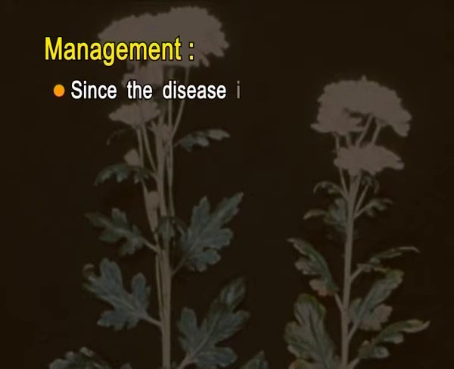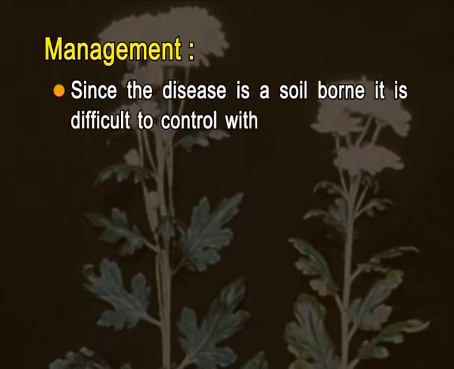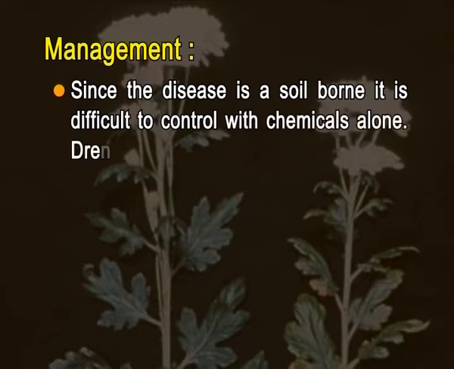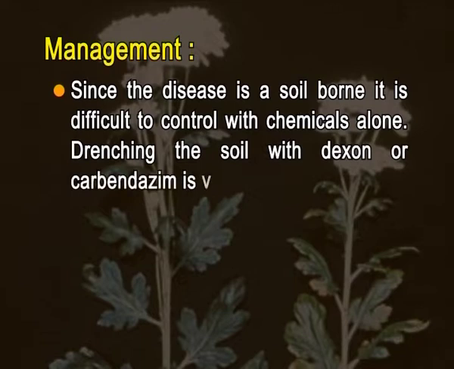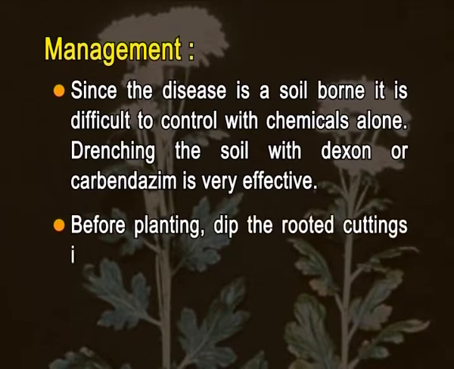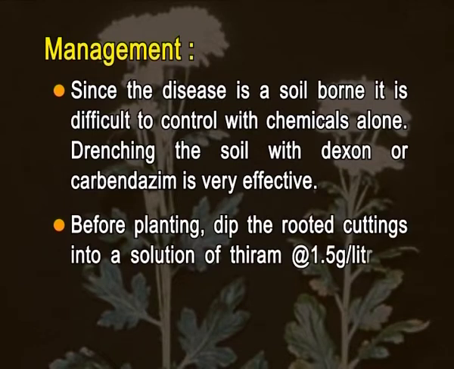Now let's see how to manage this disease. Since the disease is soil-borne, it is difficult to control with chemicals alone. Drenching the soil with Dexon or carbendazim is very effective. Before planting, dip the rooted cuttings into a solution of thiram at the rate of 1.5 gram per liter of water.